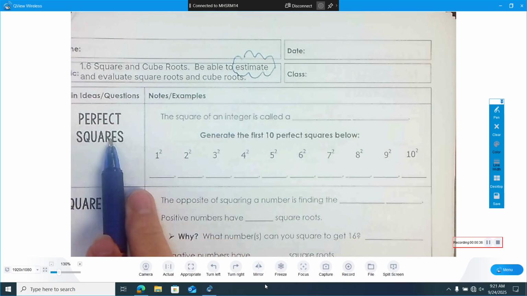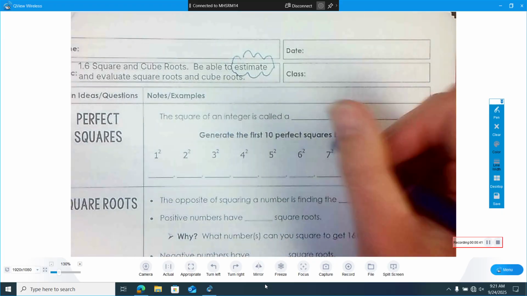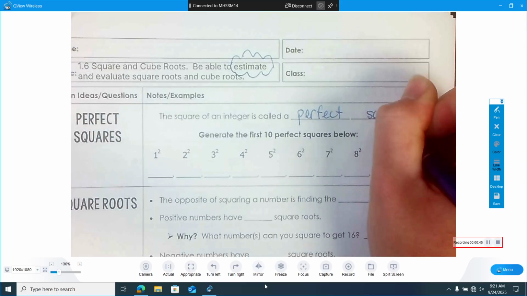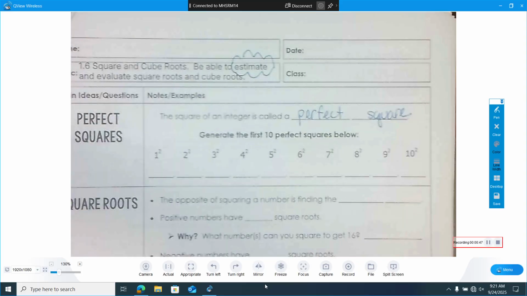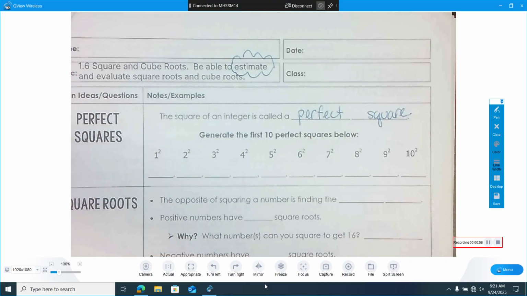So perfect squares. The square of an integer is called a perfect square. So we want to go ahead and complete this list of perfect squares below. What is 1 squared? 1.